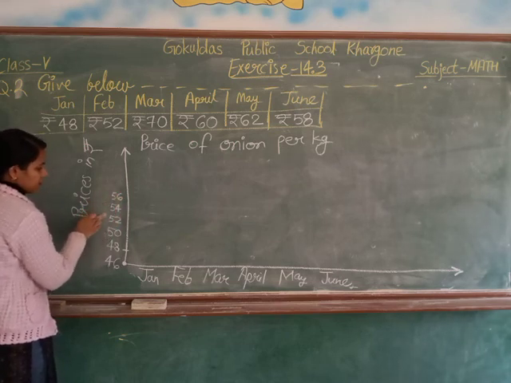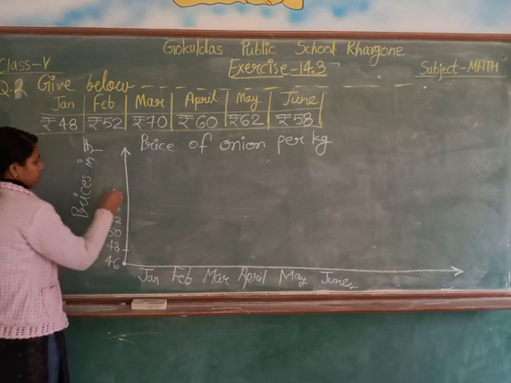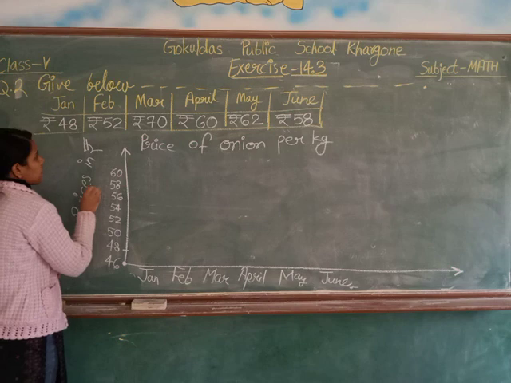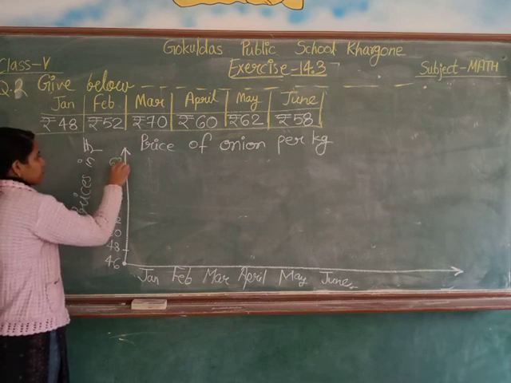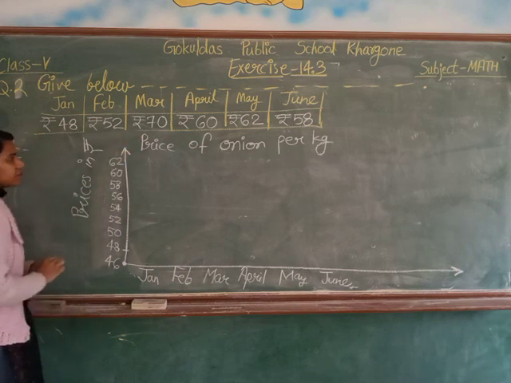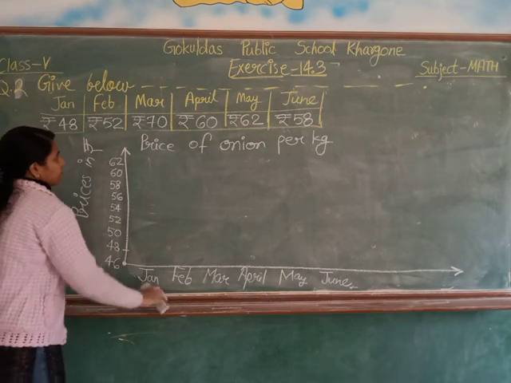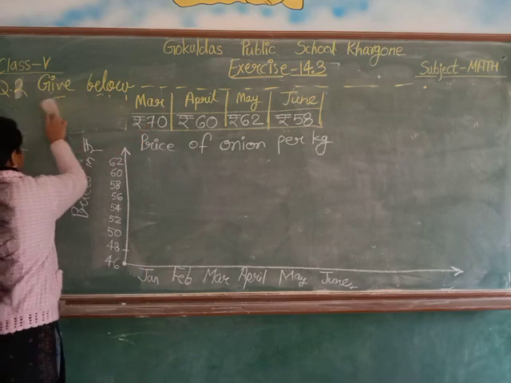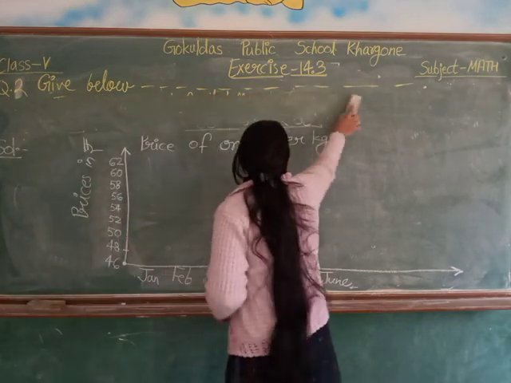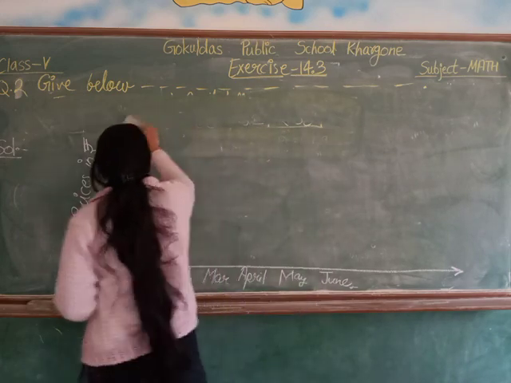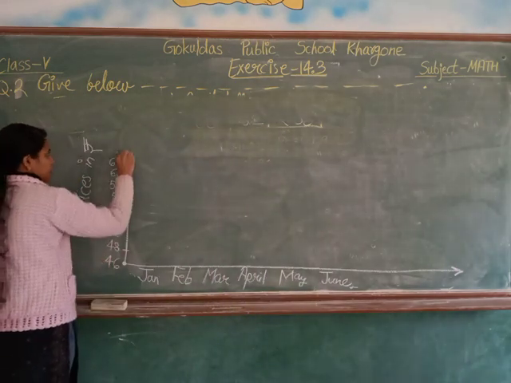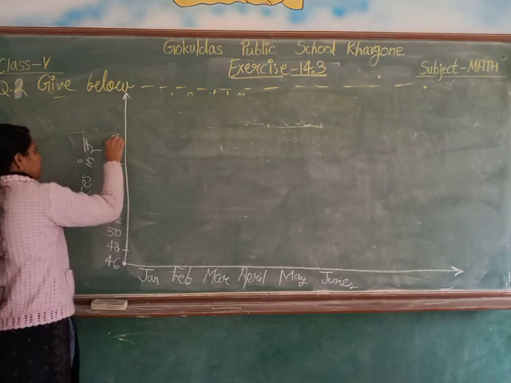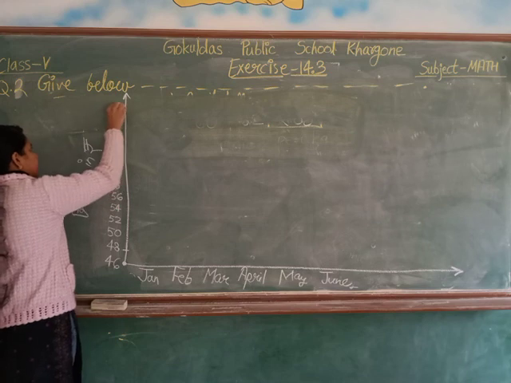I am taking the numbering in gaps of 2 units. 58, 60, then 62. I need to reach up to 70, so as I don't have much space, I am erasing the table. 62, then 64, 66, 68 and at last 70.